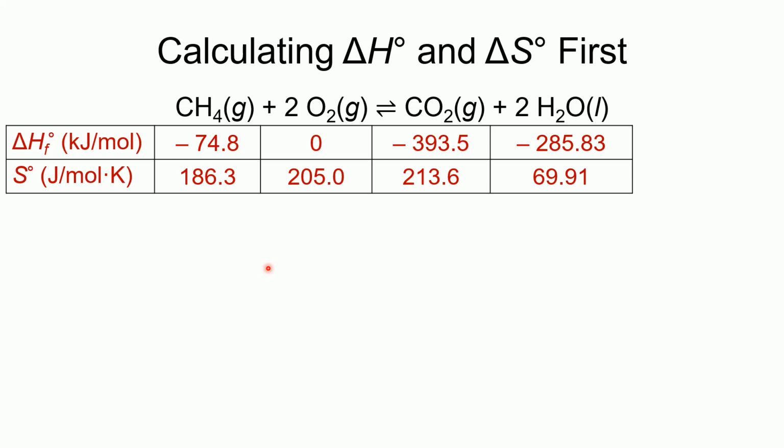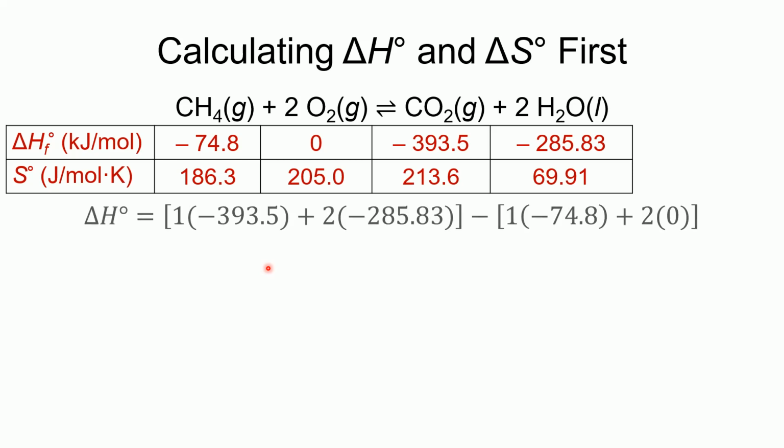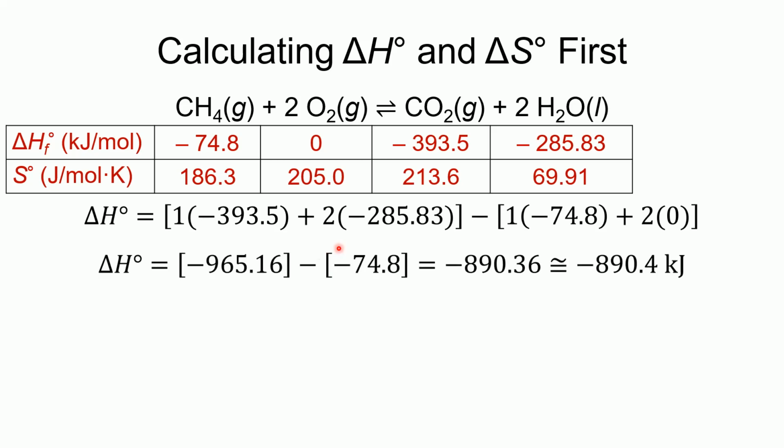And let's do the delta H calculation first, products minus reactants. Now I'm not going to go through all the details, but just remember we're taking the coefficients and multiplying by each of these numbers for the products, and then we're going to take the coefficients and multiply each of them by the numbers for the reactants, subtract the reactants from the products, and we will get this. So here our delta H for this reaction is negative 890.4.